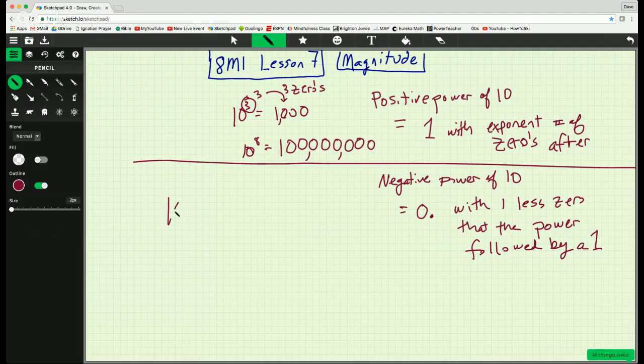So 10 to the negative 2 equals 0 point, and then I have to take 1 less than the absolute value of negative 2. The absolute value of negative 2 is 2, but I take 1 less, so 1 zero, then a 1.